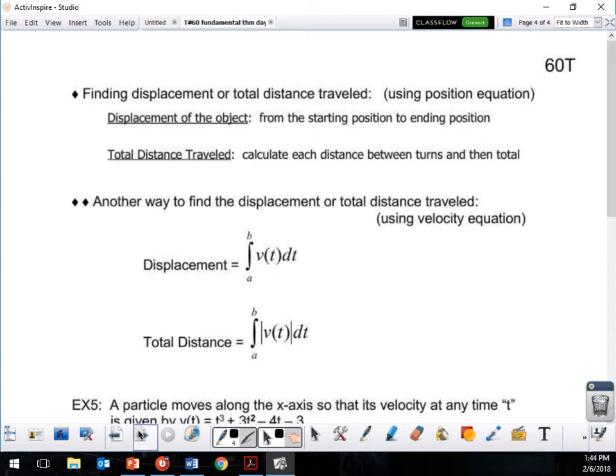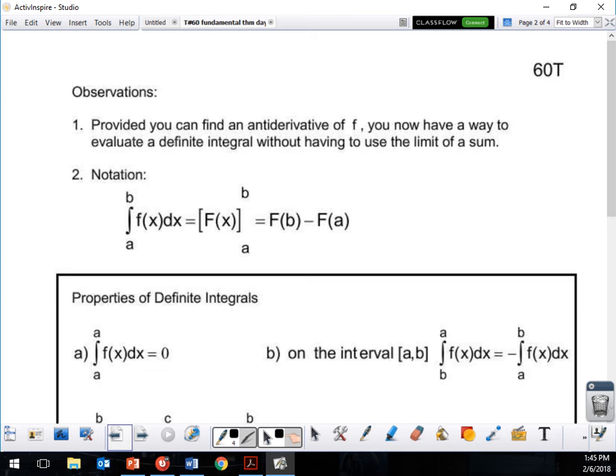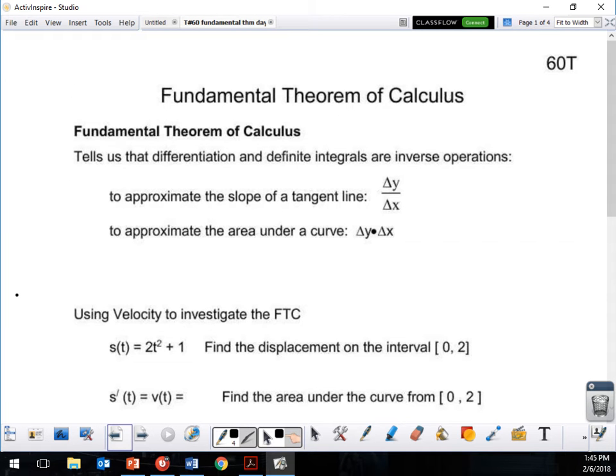That's the difference between displacement and total distance. Total distance is the full amount that you walk. Displacement is how far you are from your starting point. Does that make a little bit more sense? Yes. And these both refer to my velocity, right? So I'm going to use that here.